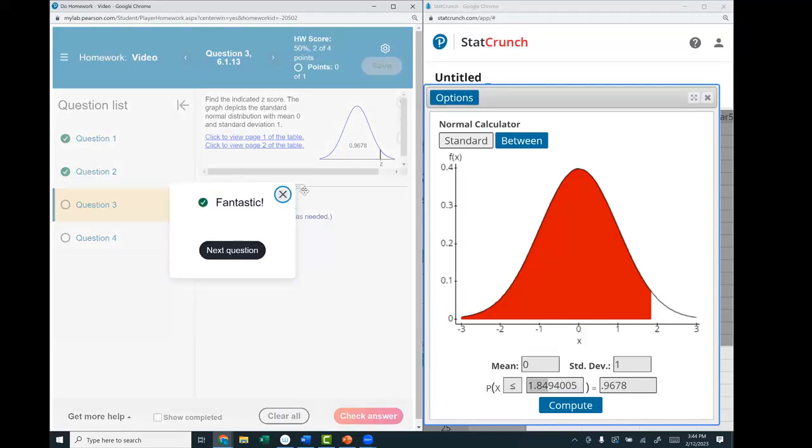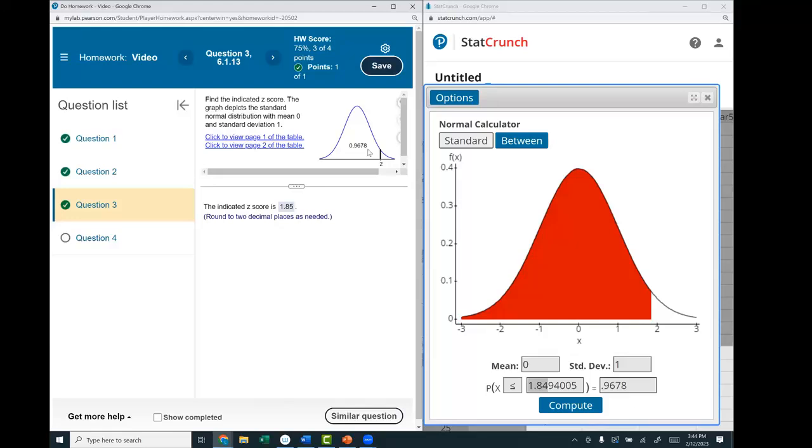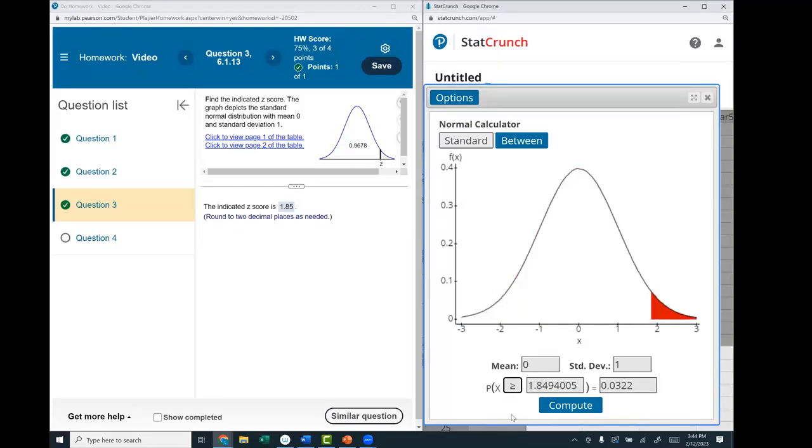And I check my answer. Perfect. I want you to notice that I'm looking at the area in here, which is what this red represents. If they wanted this little bitty area here that I'm pointing to now, I would have to say greater than, this is my Z-score, and I would hit compute. Yes, it did compute properly.